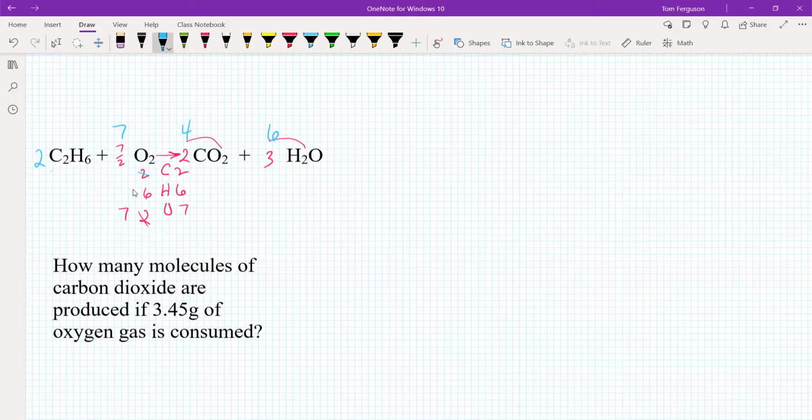We've got 4 carbons, 12 hydrogens, 14 oxygens. On the other side, 4 carbons, 12 hydrogens, and 8 and 6 is 14 oxygens. So it's balanced.